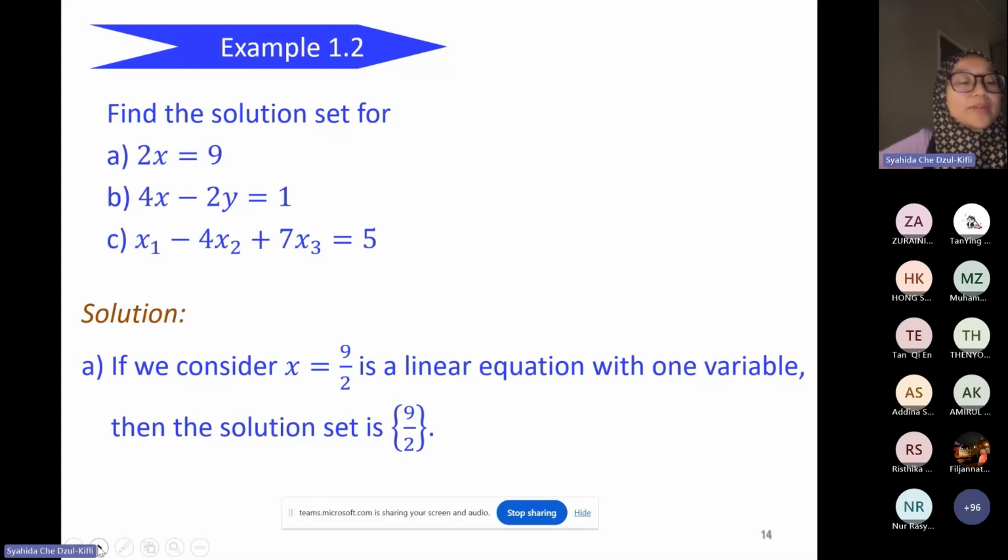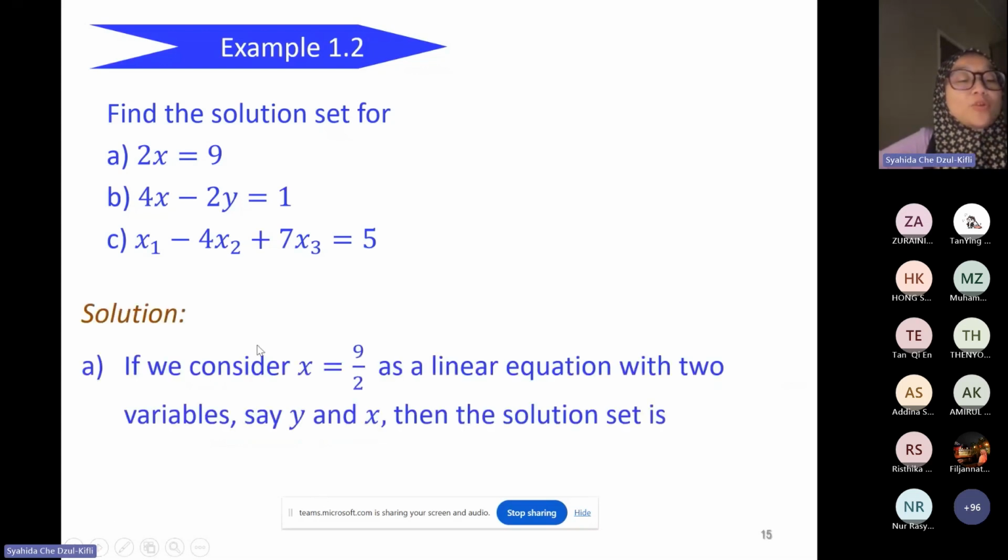However, if we consider this equation as a linear equation with two variables, say y and x, then the solution set is as follows. The solution must have two components.